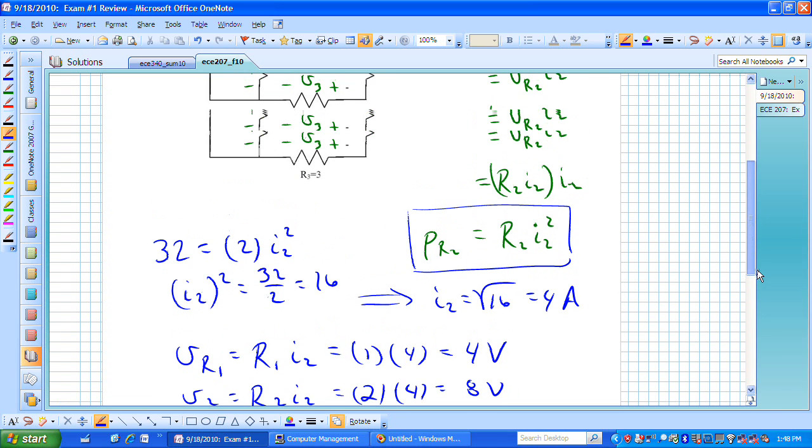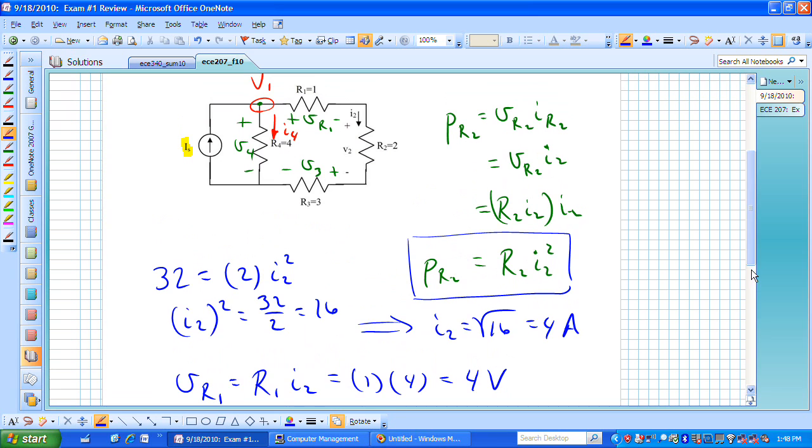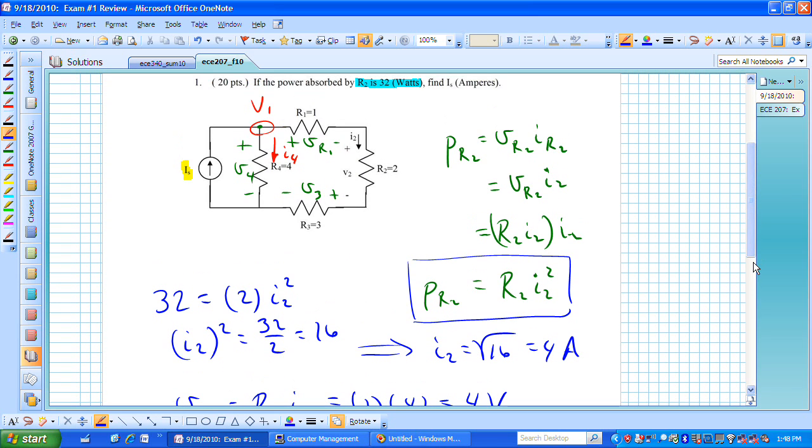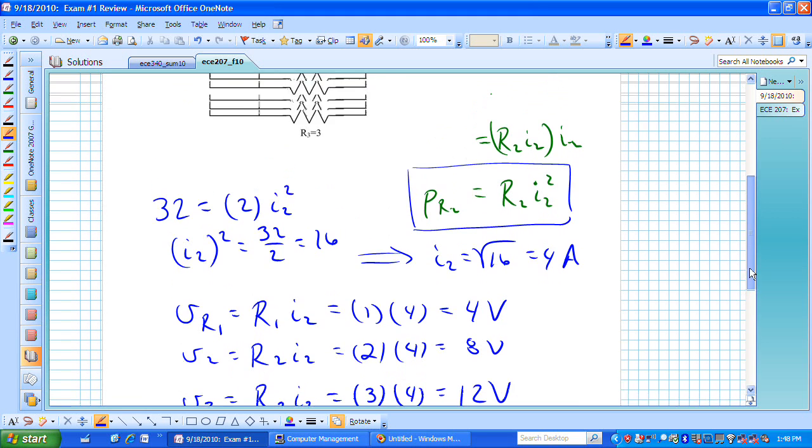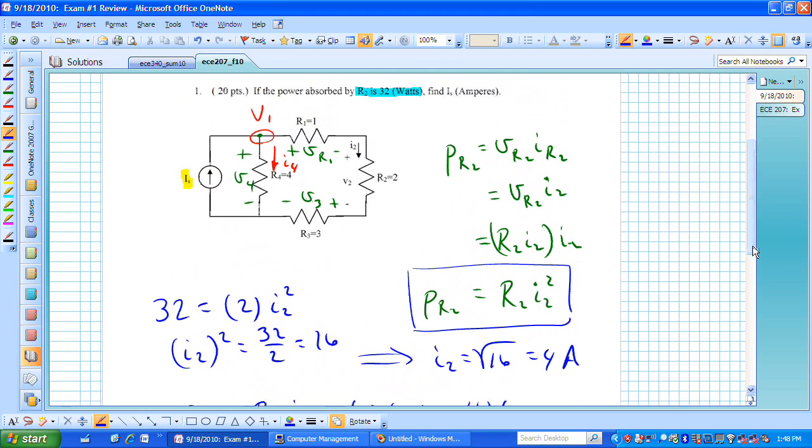We can now write this KVL relationship that we wanted. I should continue to call that V sub R sub 1 because we've already defined one capital V sub 1. I'm sorry for that. For the KVL that we want, we're going to start at that lower left-hand corner and work our way around.